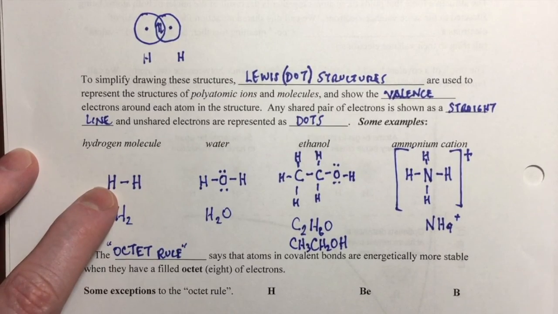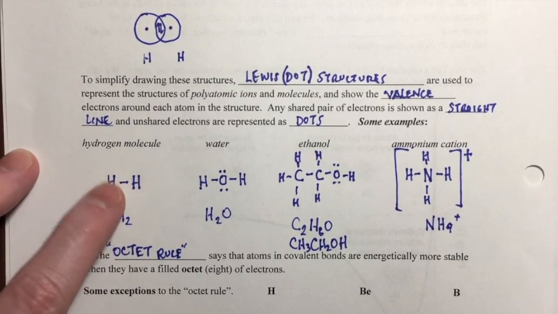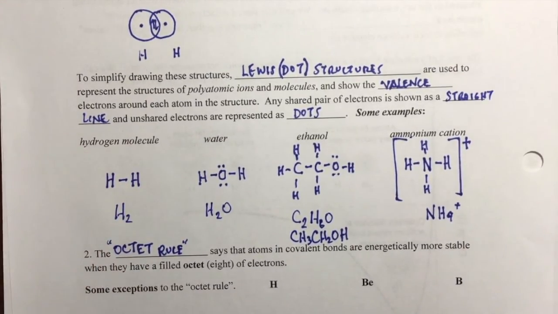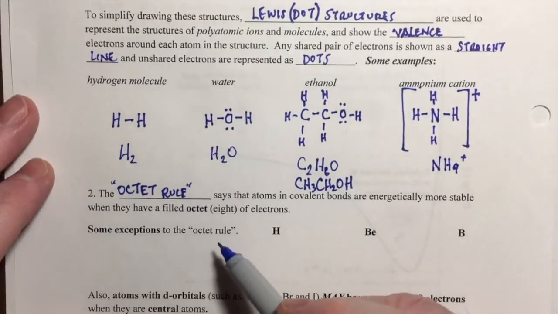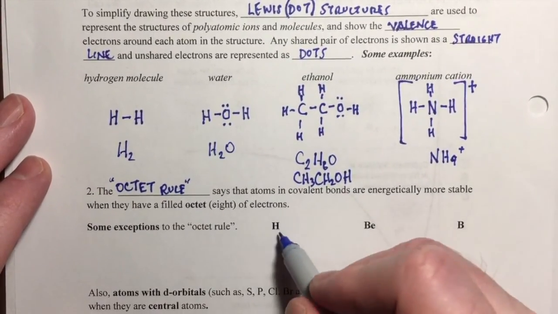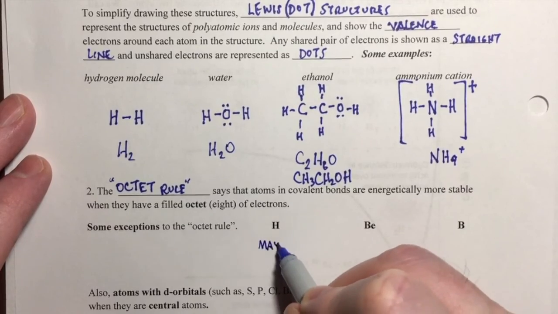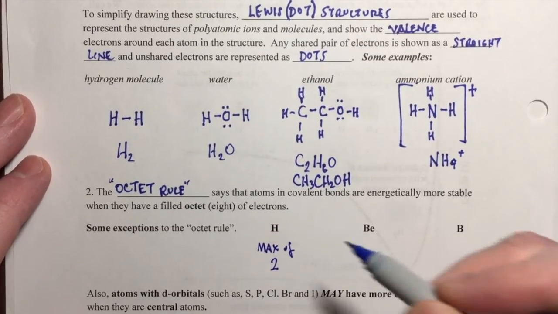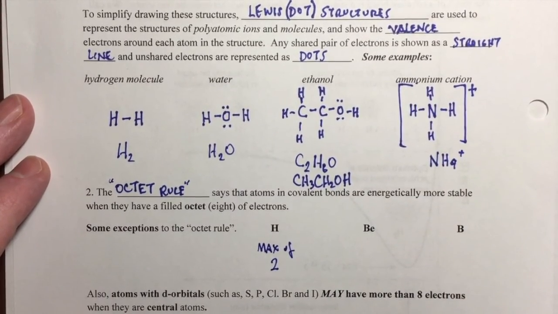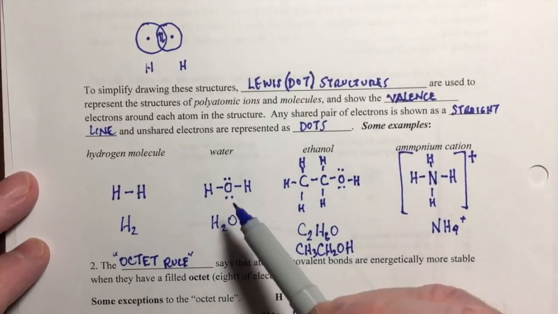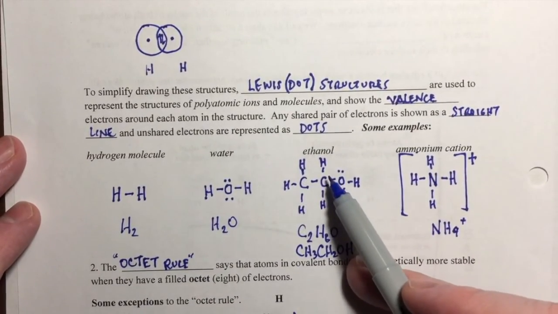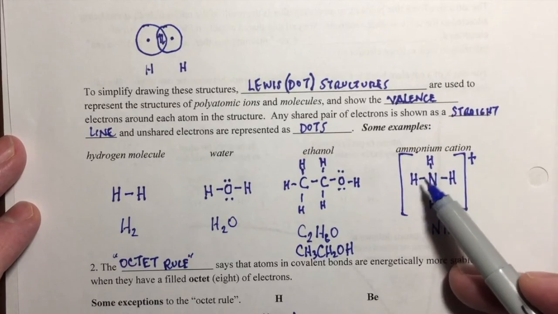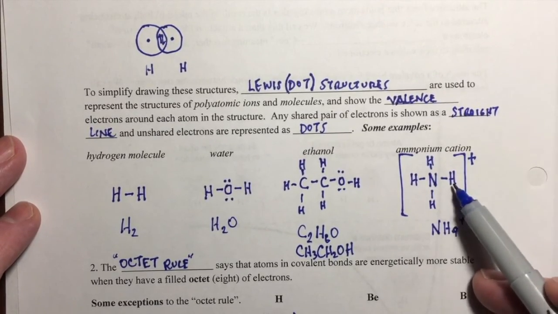In fact, hydrogen only has a maximum of 2 electrons that can be around it. So one of the exceptions to the Octet Rule, hydrogen, which has a max of 2 electrons around it. It cannot have up to 8. And you'll see everywhere else that a hydrogen appears, it only has 2 electrons associated with it.